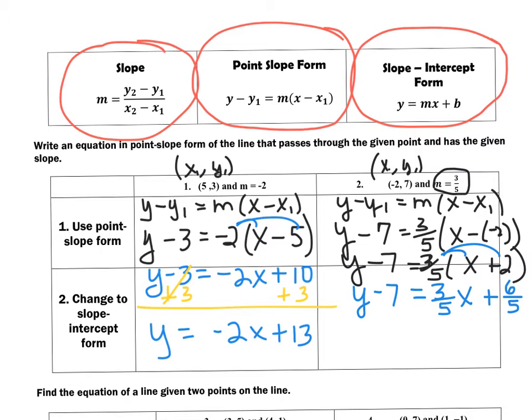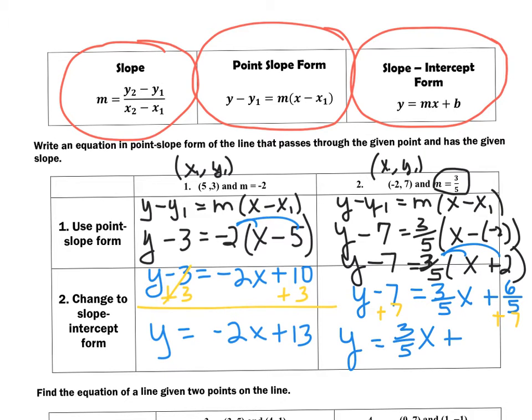Now I want to add 7 to both sides of my equation, and I have y equals 3/5 x plus 6/5 plus 7.